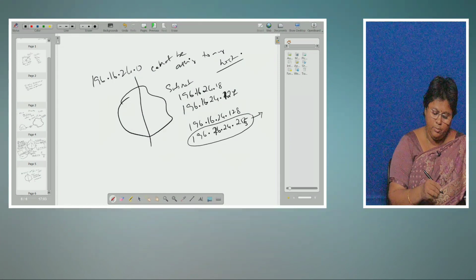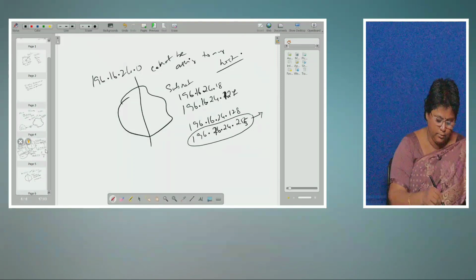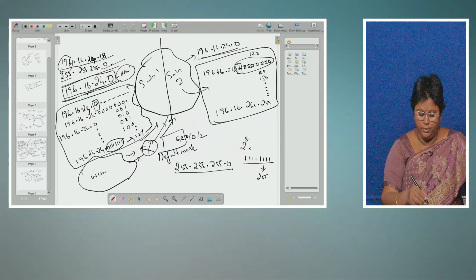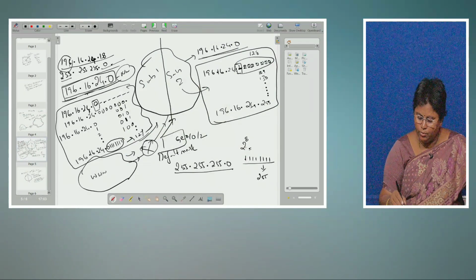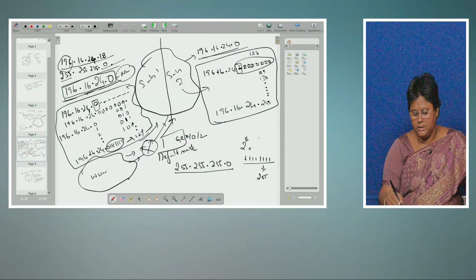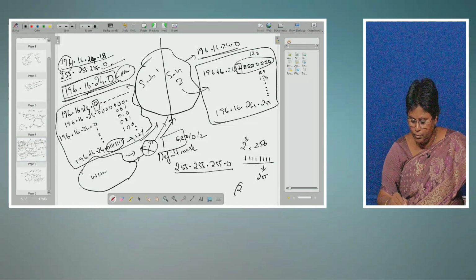So what is the possible number of usable hosts? When you look at the figure here, you can understand that we have 2 power 8, that is 256. Out of that, we are not using 2. What are they?